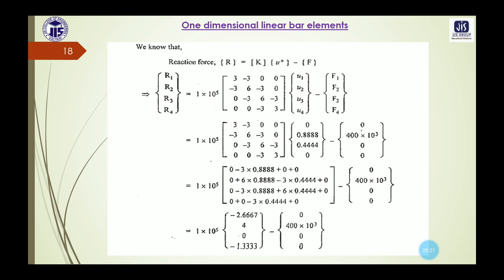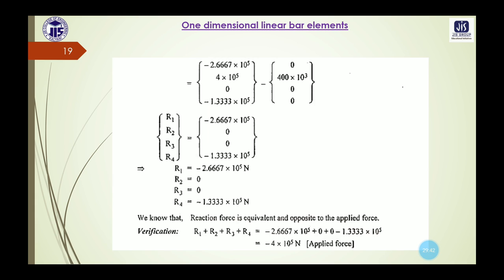If we put the values of all the matrices in the right hand side of this equation, then after performing the matrix multiplication, with the different steps given here, we get the reaction forces as a column matrix like this.